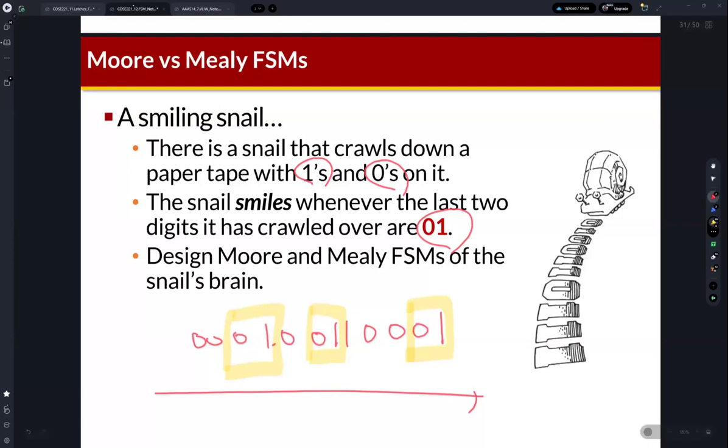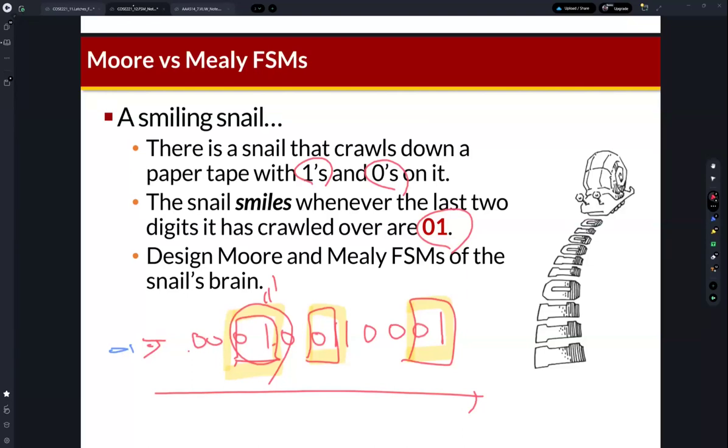So for this input stream, we can detect 01. How can we build an FSM for this system? This is the input sequence, and if the sequence 01 is detected, then the output is 1.